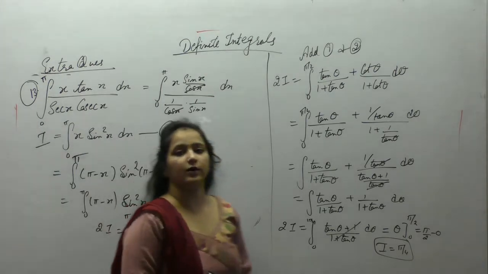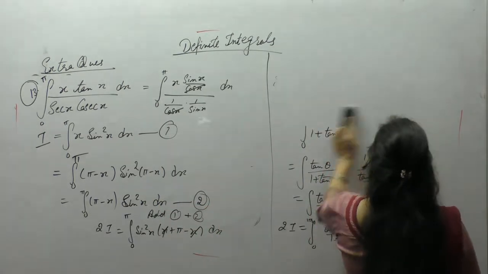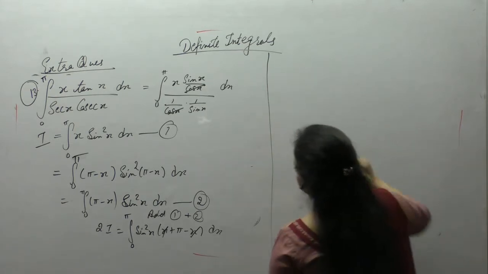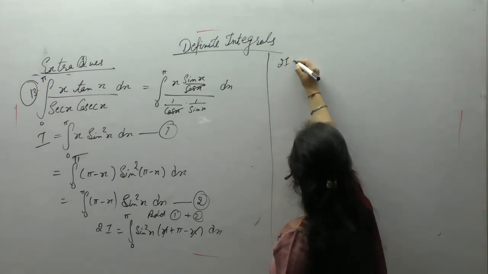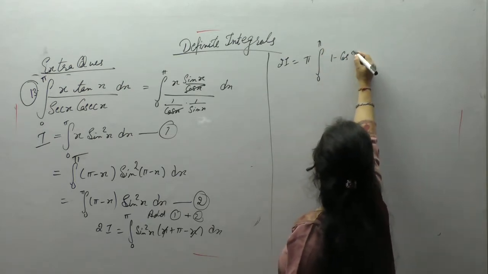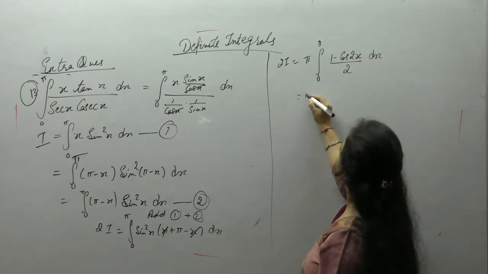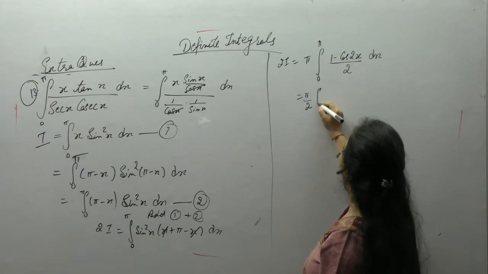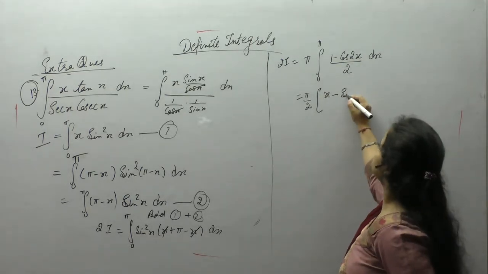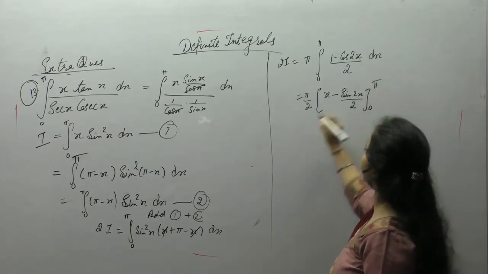Now we know the formula cos 2x is equal to 1 minus 2 sin square x. So we get sin square x as 1 minus cos 2x upon 2. Pi by 2, integral of 1 is x, integral of cos is sin, 0 to pi.